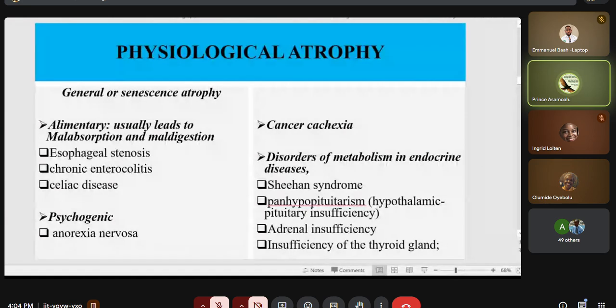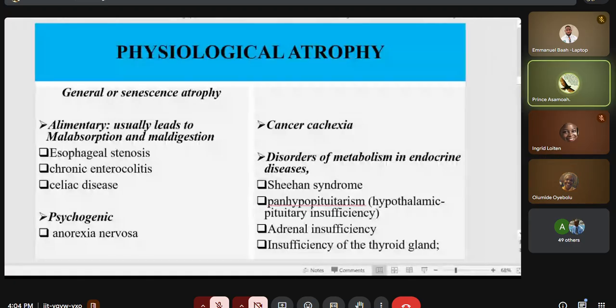Now, for physiological atrophy, we are looking at how this atrophy appears in some parts of our body, and what we most likely would see.